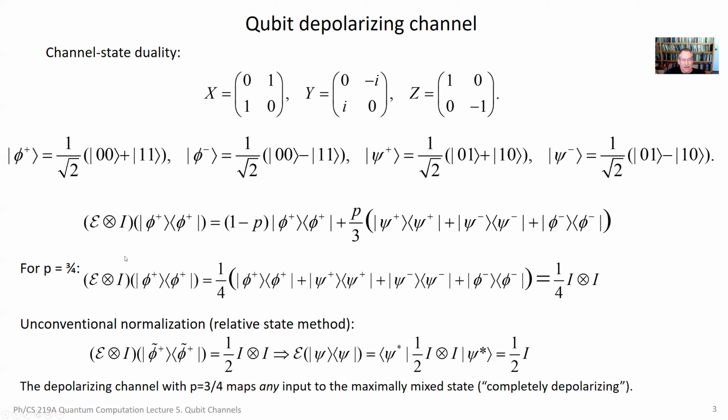I didn't actually consider the input state to be phi plus, but rather an unconventionally normalized state, just the 0,0 plus 1,1 without the 1 over square root of 2. And so in this case where the error occurs with a total probability of 3/4, that unconventionally normalized state actually gets mapped not to 1/4 the two qubit identity, but rather 1/2 times the two qubit identity.